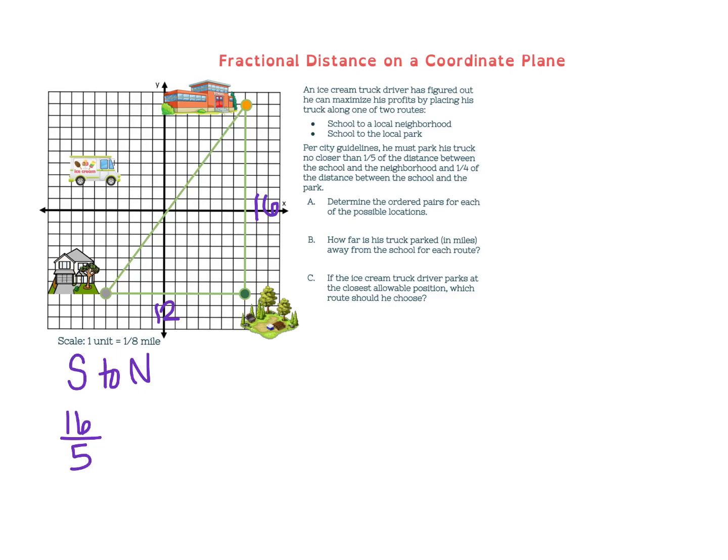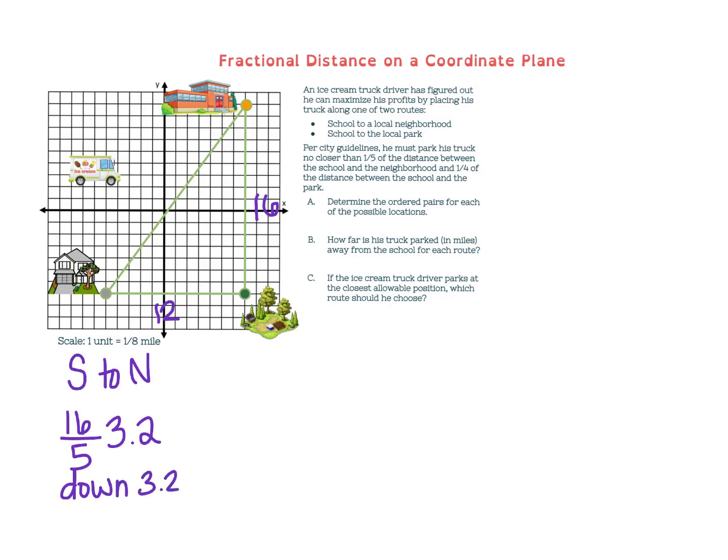So 16 divided by 5 is 3.2 units. And now that's my vertical distance. So that means I could go down 3.2 units.